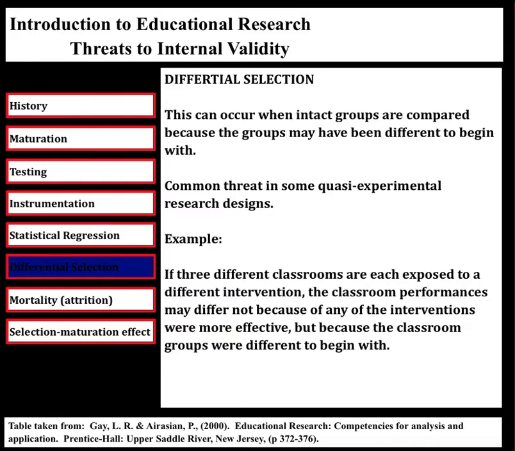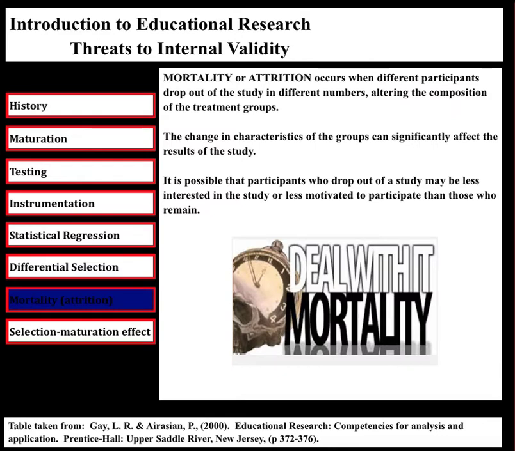Now let's take a look at mortality as a threat. Mortality, or attrition, occurs when different participants drop out of a study in different numbers, altering the composition of the treatment and control groups. The changing characteristics of the groups can significantly affect the results of the study.